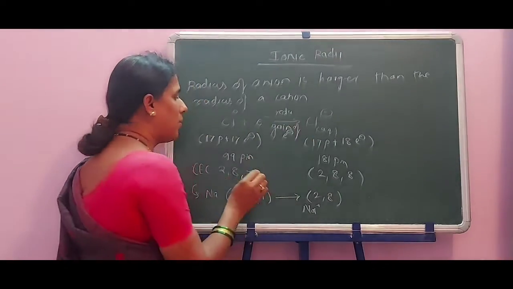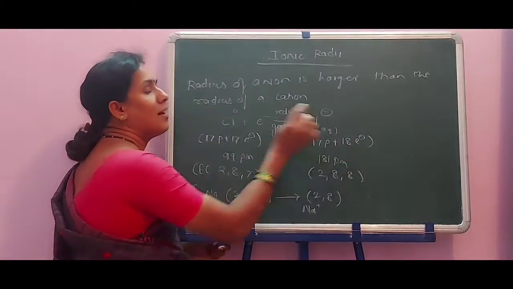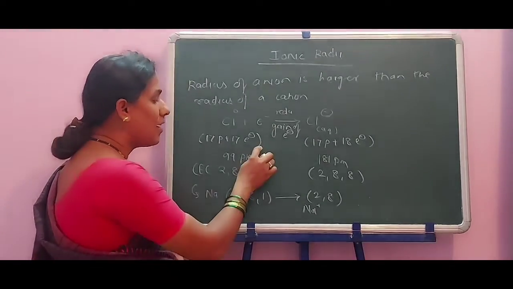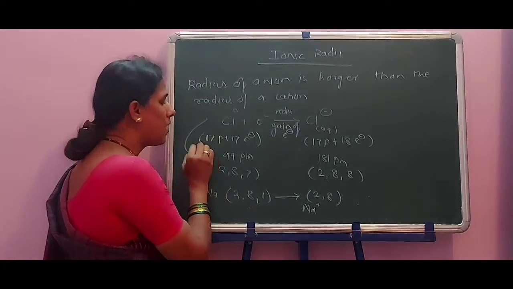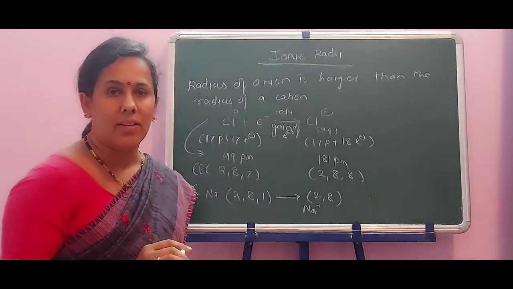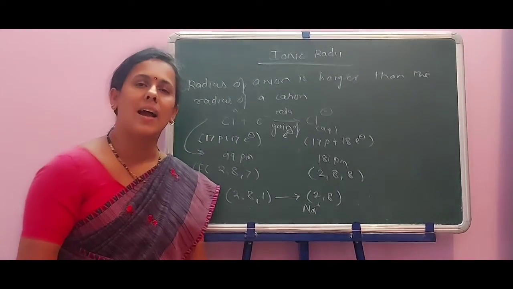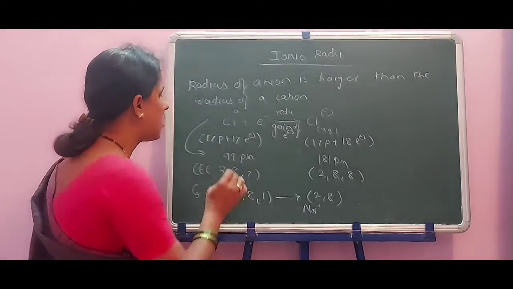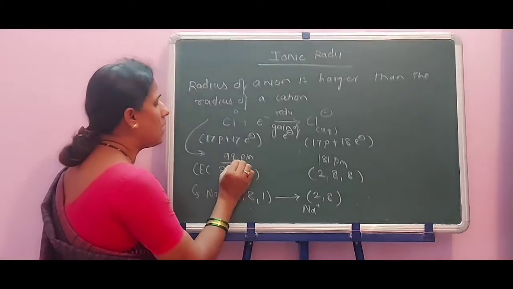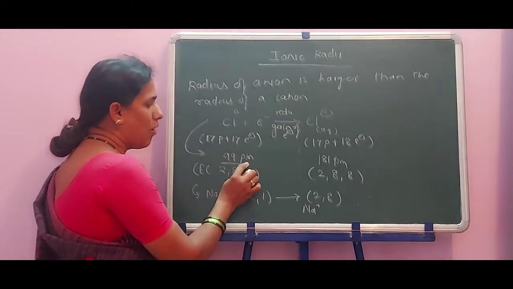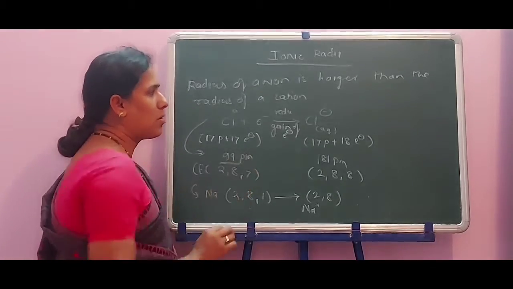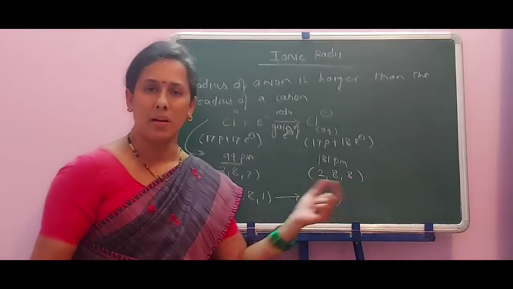Therefore, there is an increase in nuclear charge due to the addition of an electron, and thereby the attraction between the positively charged nucleus and the electrons decreases. Therefore, the radius of an anion goes from 99 picometer to 181 picometer.